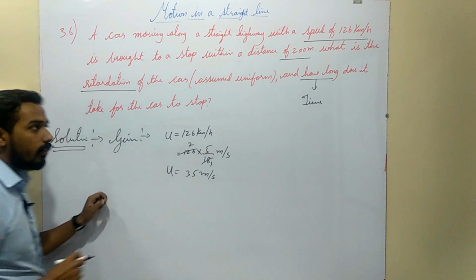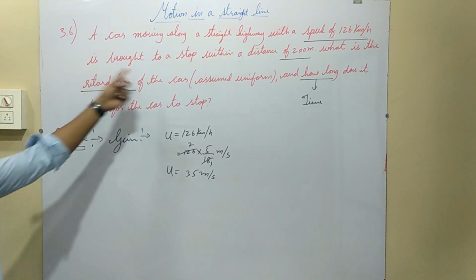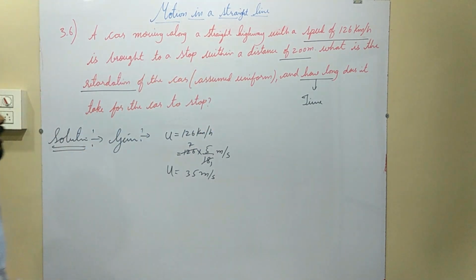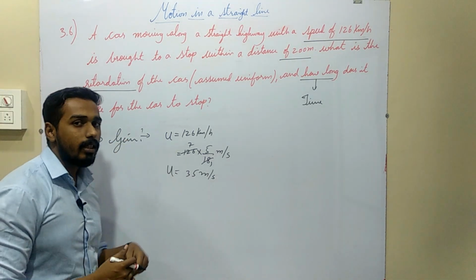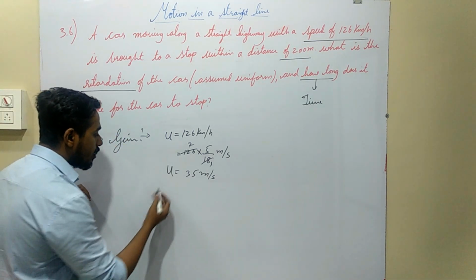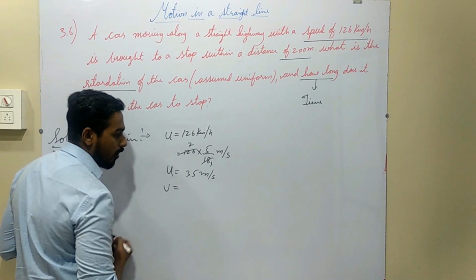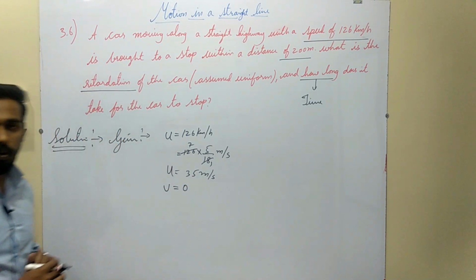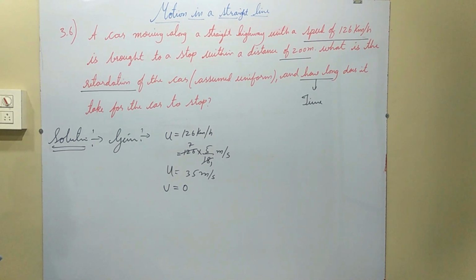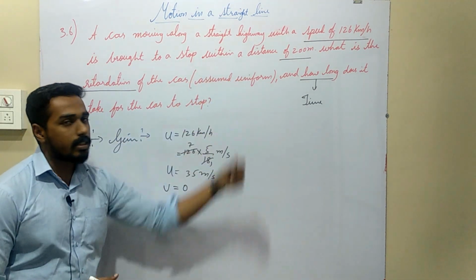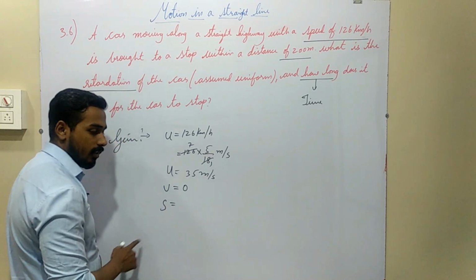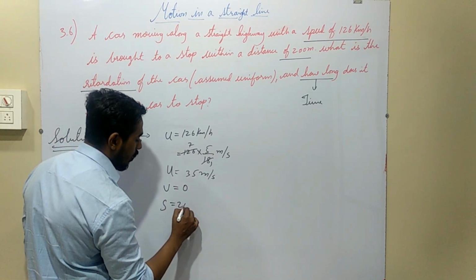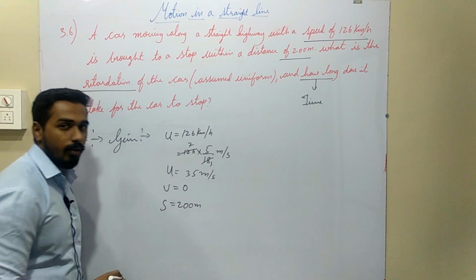This is u value. Next, the given thing is brought to stop within a distance of. Brought to stop means this particular car is coming to rest. When it is coming to rest, the final velocity will be 0. And next, with a distance of, it means the distance traveled s is equal to 200 meter.